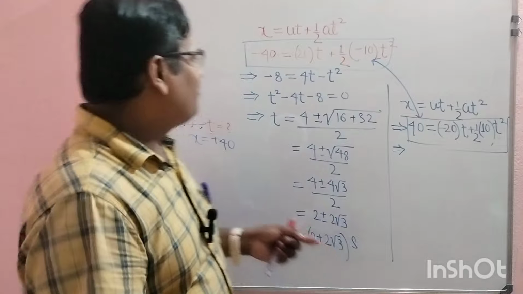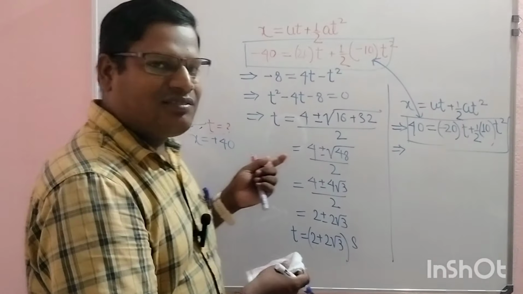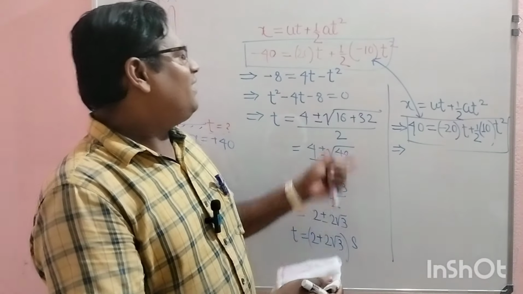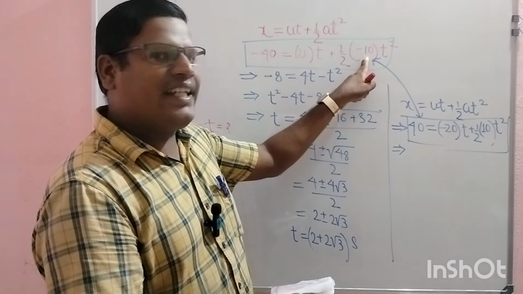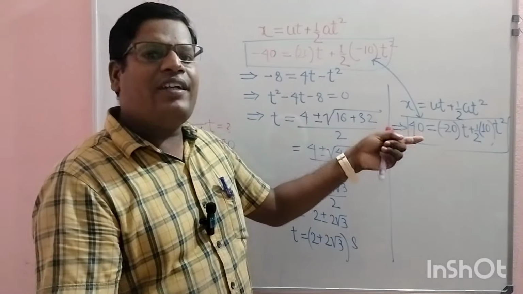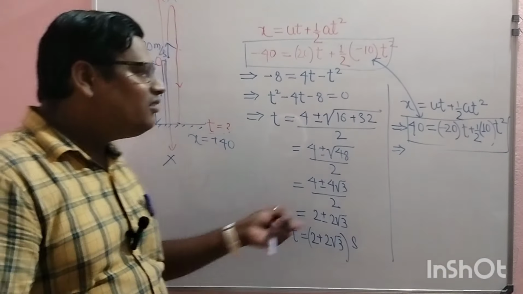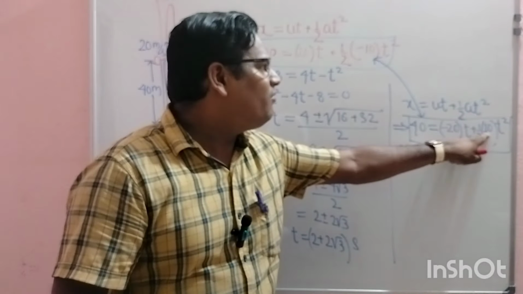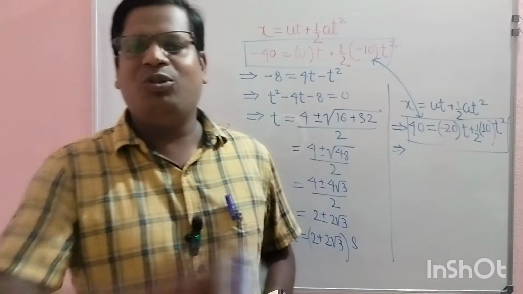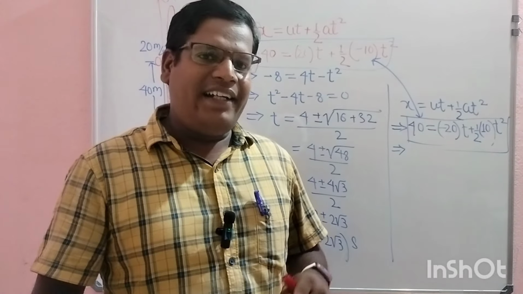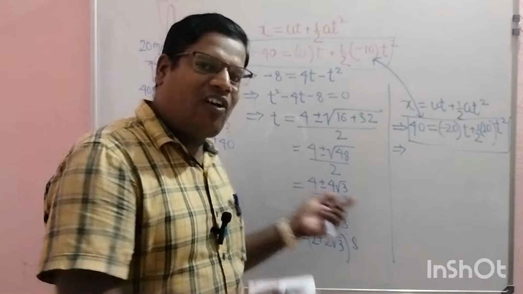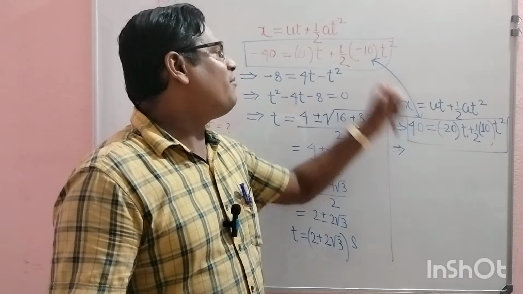So in the first way, if you choose the coordinate system the way I have chosen at first, then this is your equation. G you have to take as negative. And if you choose the coordinate system in the second way, which I have chosen now, then this is the equation, and here G is positive. So G is positive or negative, it depends on how you choose your coordinate system. And choosing coordinate system, that's your choice. You can choose either the first way or the second way, and in both ways you get the same answer.